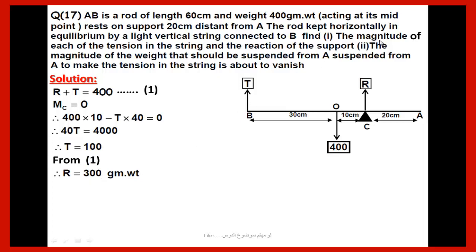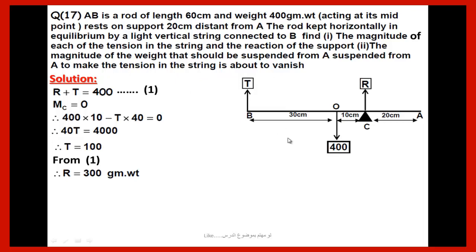The second required is the magnitude of the weight that should be suspended from A to make the tension in the string about to vanish.